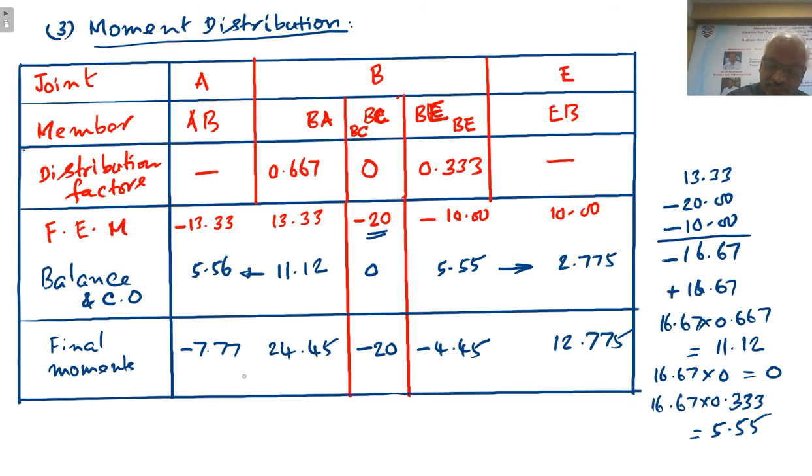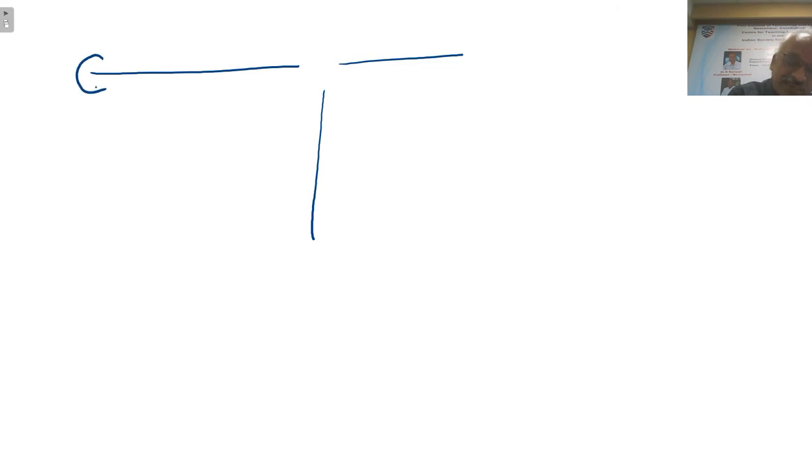Right. Now coming to the bending moment diagram. So we got a member, this is a cantilever, this is another member, right. So here it is minus 7.77, there it is 24.45, therefore minus 7.77, this will cause tension at the top, this is plus 24.45, this will also cause tension at the top, then this is minus 20, this value is fixed at the joint B, right.